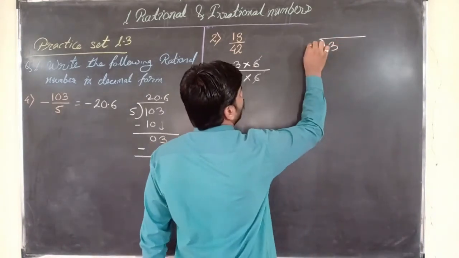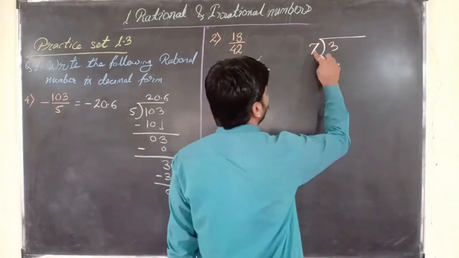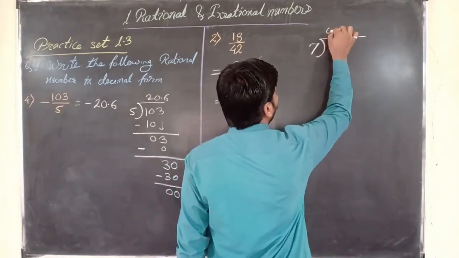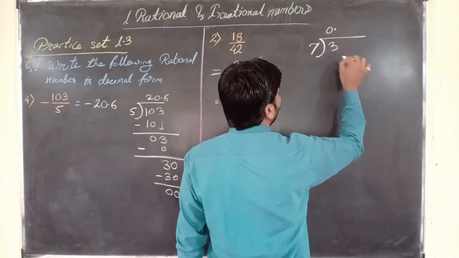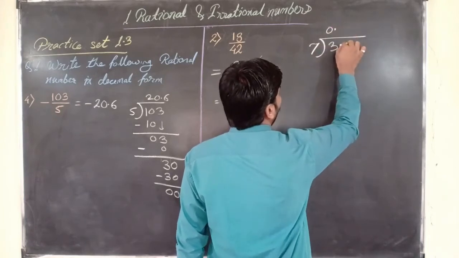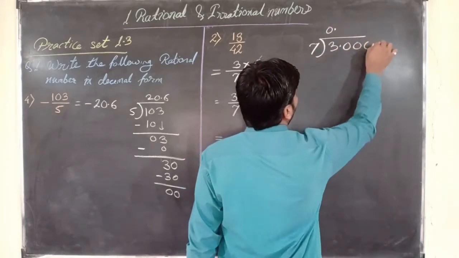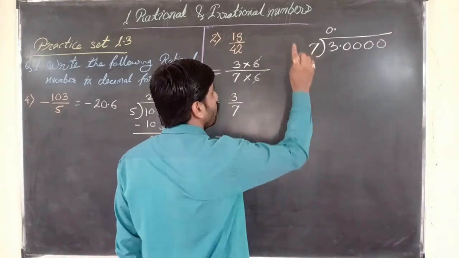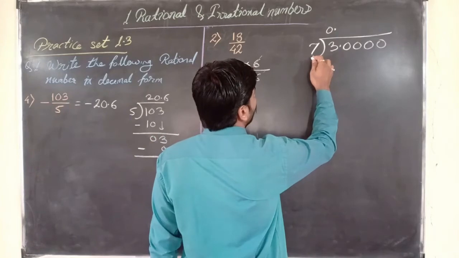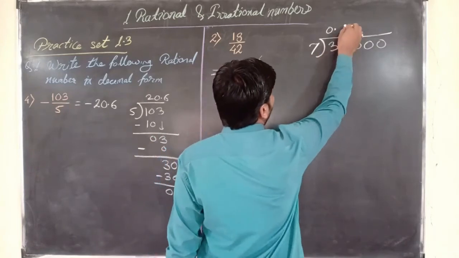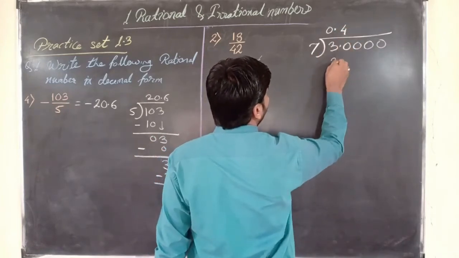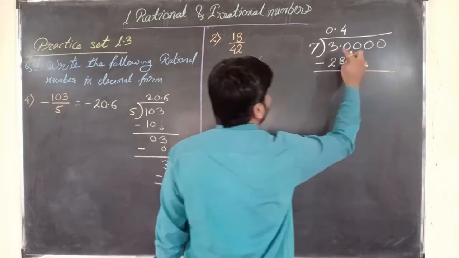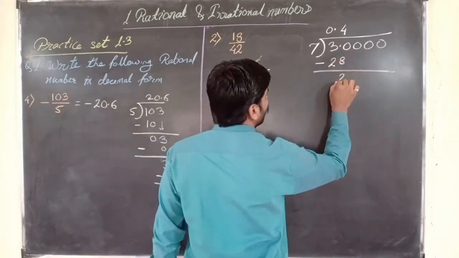Now we will divide 3 by 7. As we cannot divide 3 by 7, we'll take decimal point. Now 7 fours are 28. 30 minus 28, the remainder is 2.